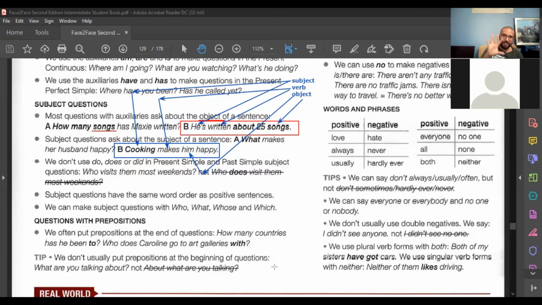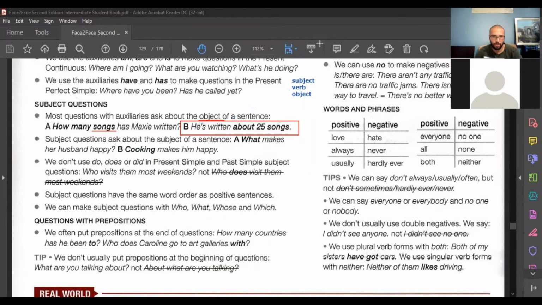So here it's a bit different with subject questions, because we're not asking about the object, we're asking about the subject of the sentence. Do you get the idea? So for us, what's important is how do we know if a question is a subject question or an object question?